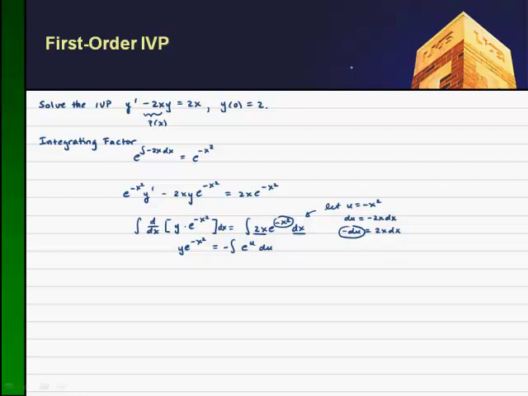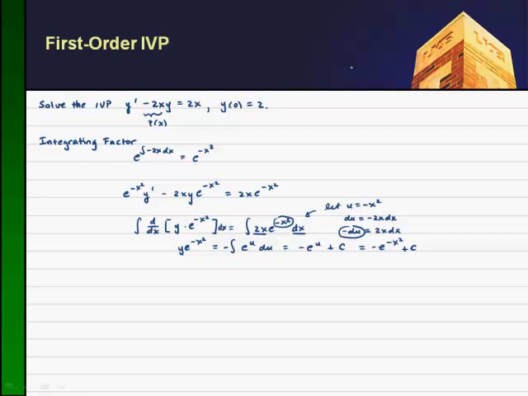The integral of e to the u is e to the u, so I'll get a minus e to the u plus some constant c. Let's just go ahead and place the minus x squared back in for u, and I get a minus e to the minus x squared plus c.